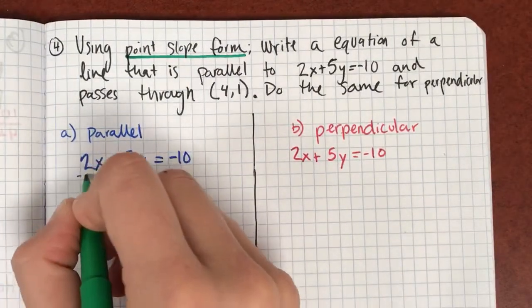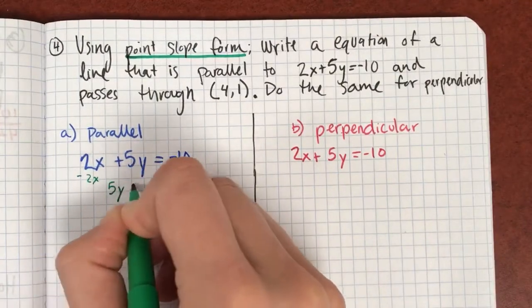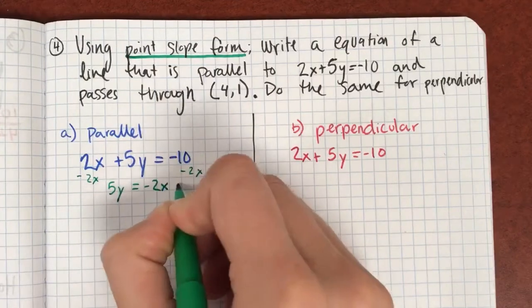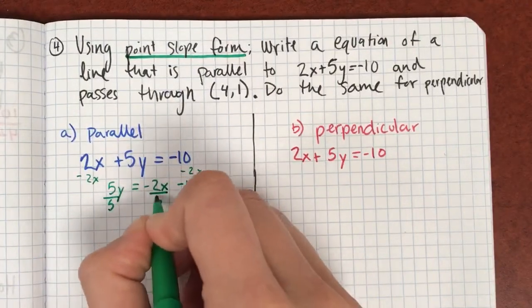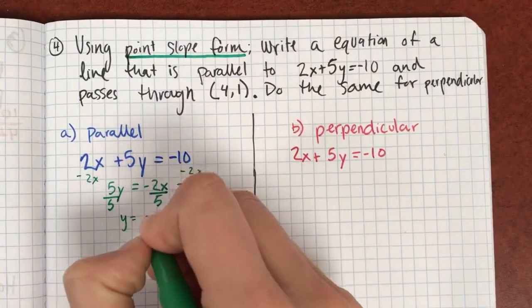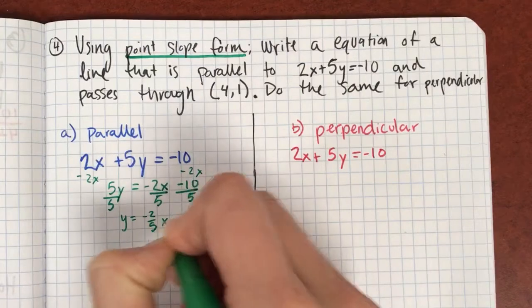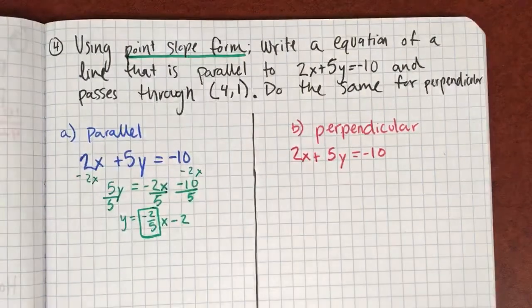So to do that, I would subtract 2x from both sides, and then we're going to divide by 5. Remember, when we divide by 5, everything's divided by 5. So our slope is -2/5.